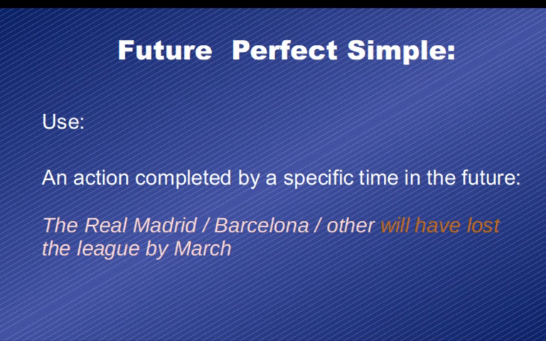If at that time of reference in the future this action is already completed, we use the future perfect simple. This is what we mean by an action completed by a specific time in the future: when we reach that time of reference, that can be next week or next month, next year, that action that we are speaking about will be already completed.